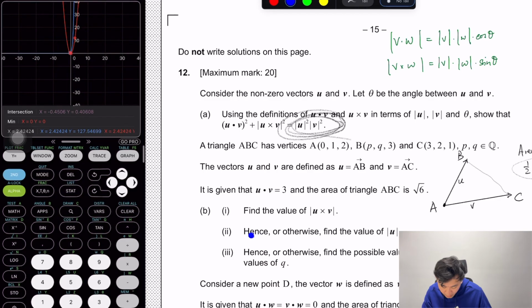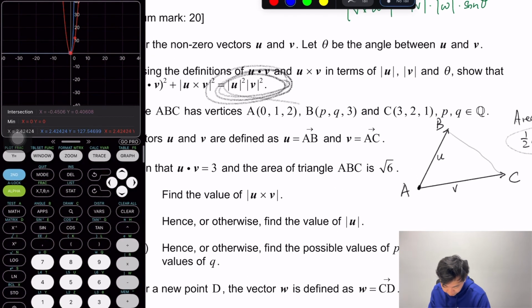Hence, or otherwise, find the value of absolute u. Now, this one is slightly tricky, and we might have to use the things that we found out here. Can we figure out what u and v are first?